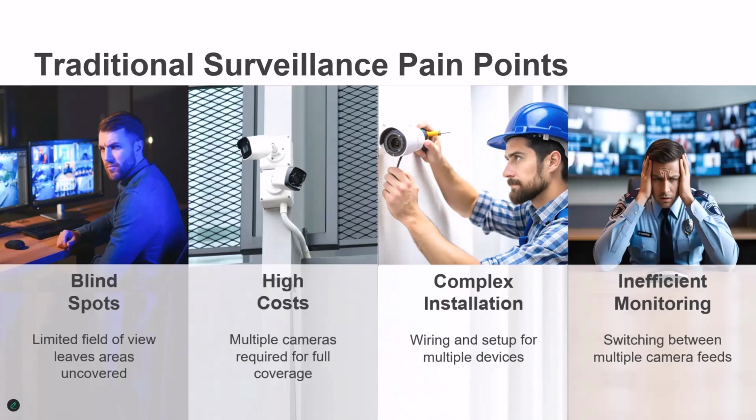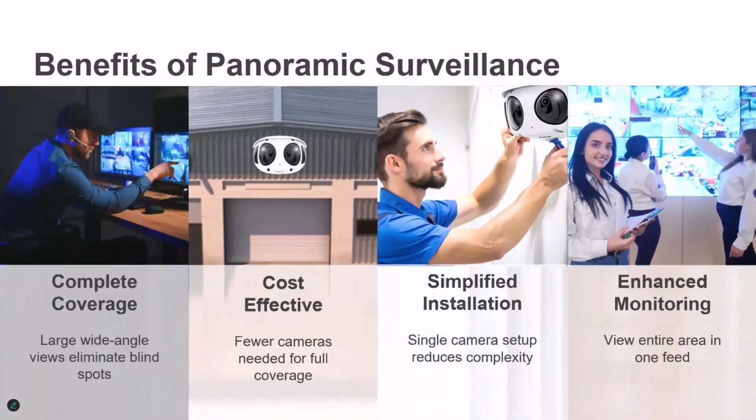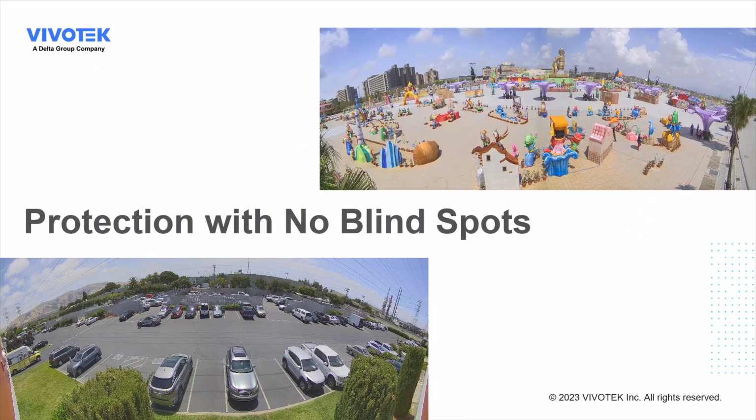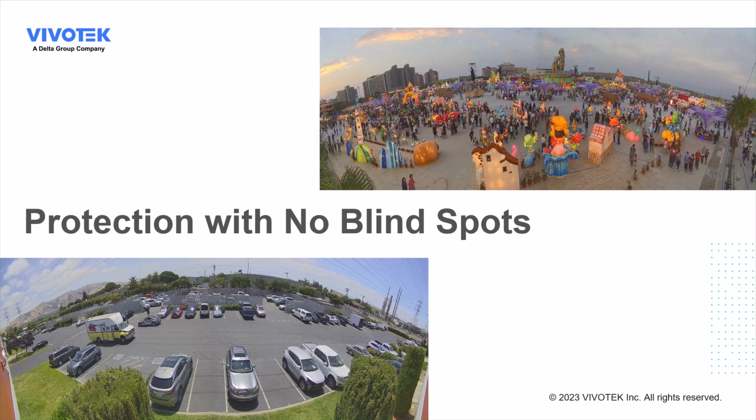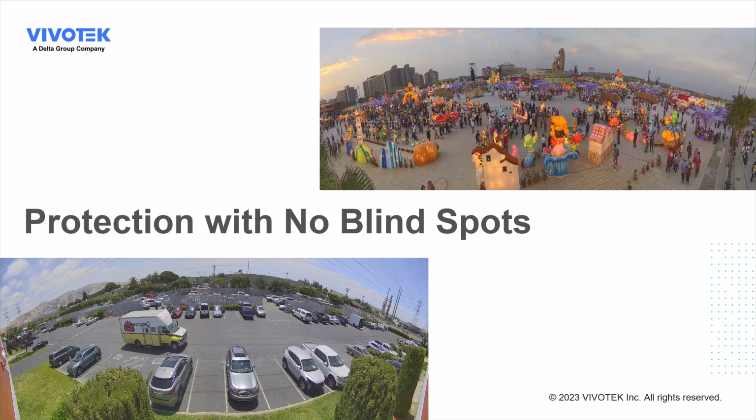So, these pain points highlight the need for a more efficient and effective solution, which is where the panoramic cameras come in. So, let's explore how panoramic cameras can provide a smarter, more efficient solution. Here are the key benefits: complete coverage, cost effective, simplified installation, and enhanced monitoring. By capturing panoramic or 180-degree images, these cameras provide a comprehensive and immersive view of the environment for monitoring personnel.